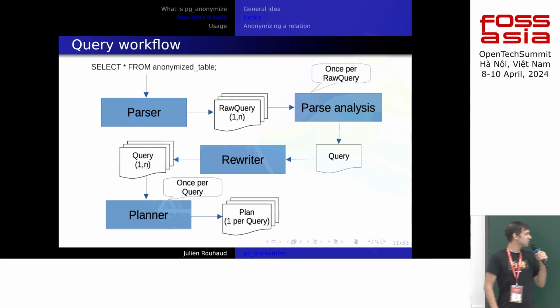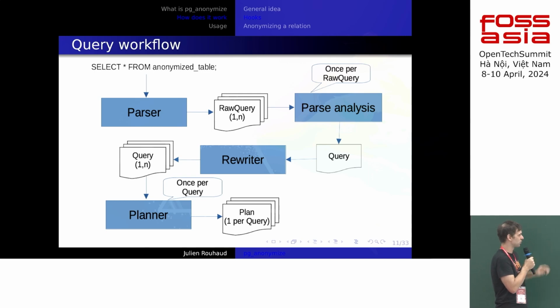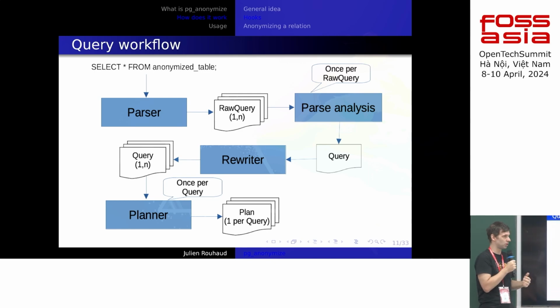So here's a query workflow. That's not the whole truth, but it's very close to reality. On the client side, what you do is a select star from your anonymized table. Everything else happens on the backend side. First you have the parser, which will parse your raw SQL statement and produce one, zero, or multiple structures called a raw query.